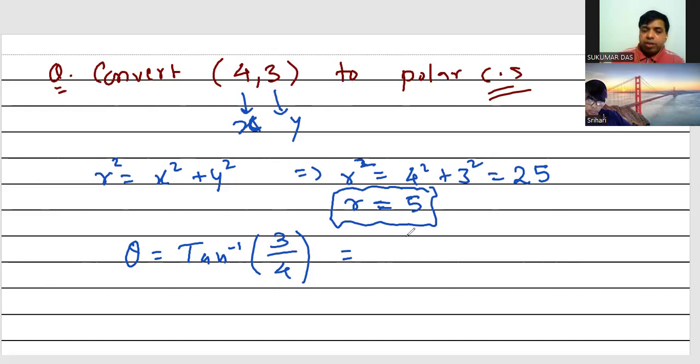Tan inverse 3 by 4, if you do it in degrees, how much is it coming? Just check. I don't know how to convert my calculator to degrees. Okay, there is a mode option. You can convert it. One second, I'm looking. You can change the mode, you'll get it.